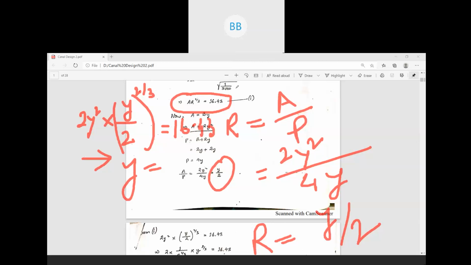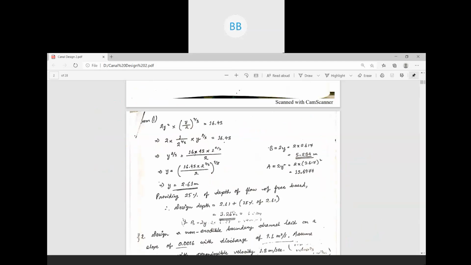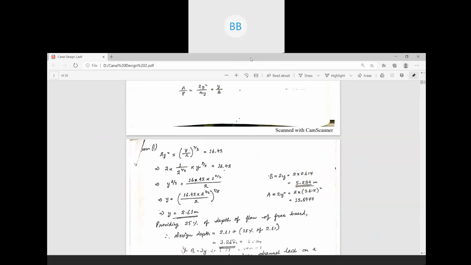How much did you get the Y value? 2.61. Okay, it's correct. So Y value will be 2.61.